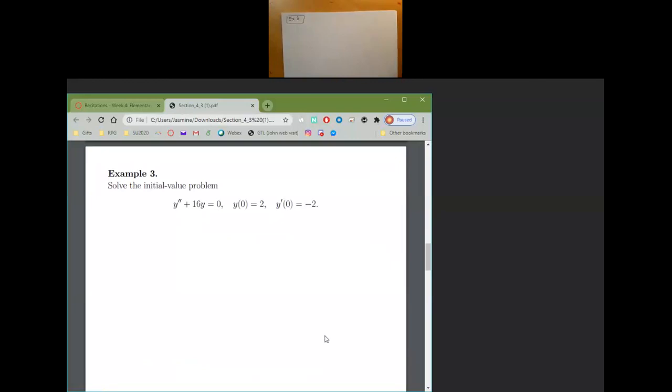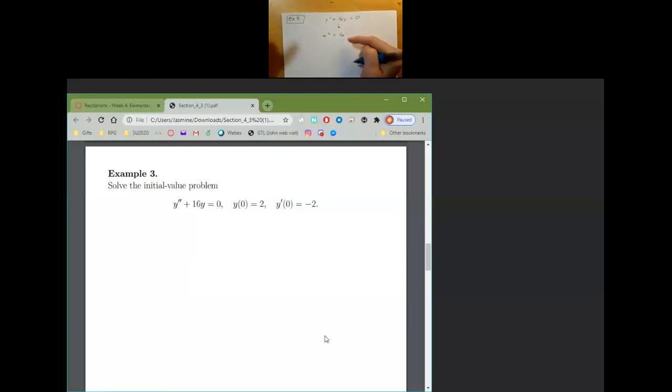All right, solve the initial value problem: y double prime plus 16y equals 0. Okay, so you do the general, so the auxiliary equation. So it's m squared plus 16m equals 0.